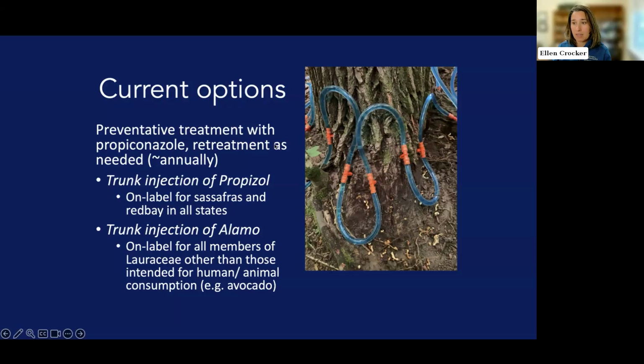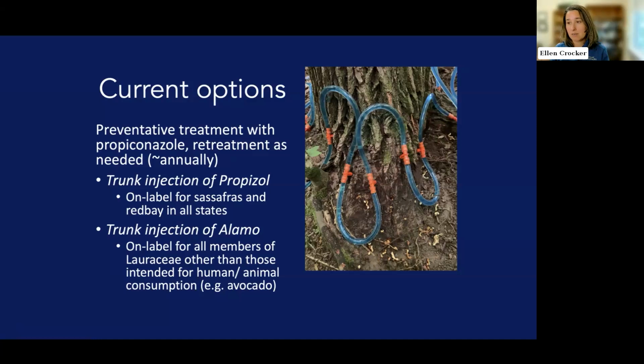Now, I am wrapping up a fungicide trial looking at the efficacy of some different fungicide approaches to sassafras trees in light of laurel wilt disease. From our preliminary results, the fungicide treatment does last at least a year. By the second year, you do start to see more symptoms and more decline in those trees, so it's something that's going to need to be repeated pretty regularly.